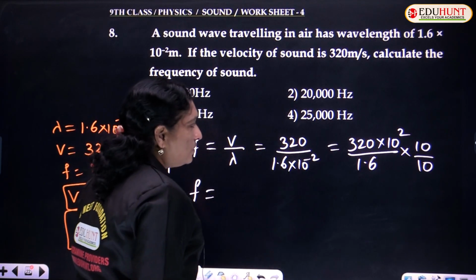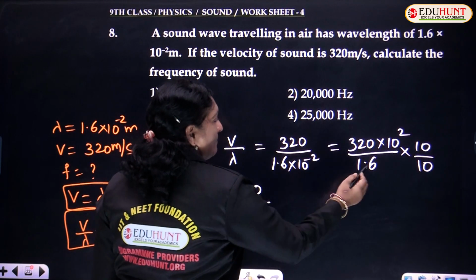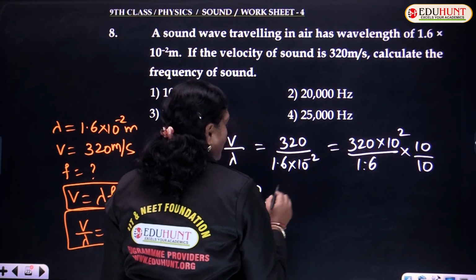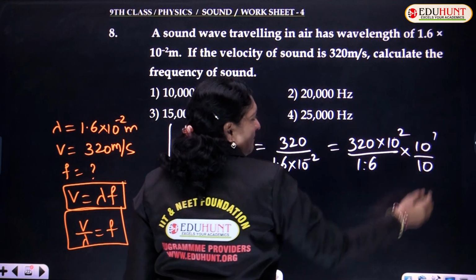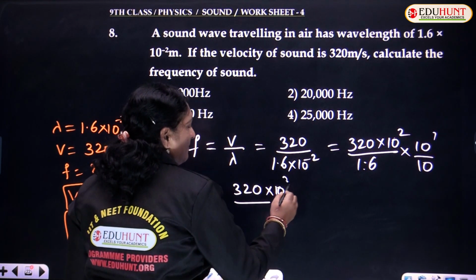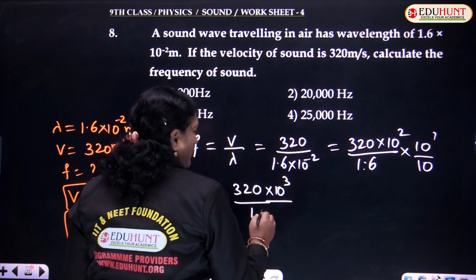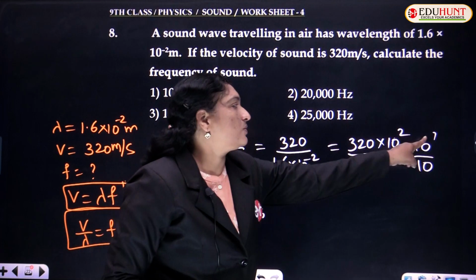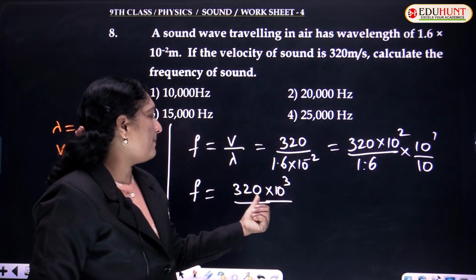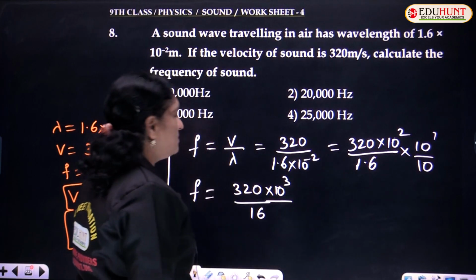F is equal to 320 as it is, 10 square into 10, how much will you get? 10 square into 10, 10 means 10 power 1, so this will be 10 power 3. 1.6 into 10, you get 16. That's it. 320, 10 square into 10 is 10 cube, upon 16.